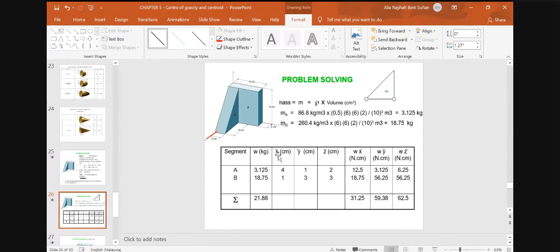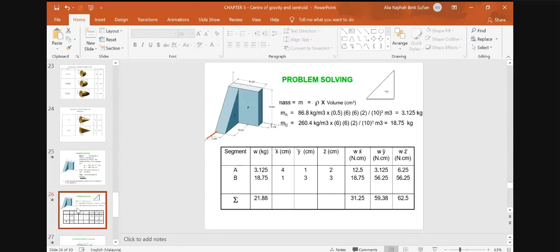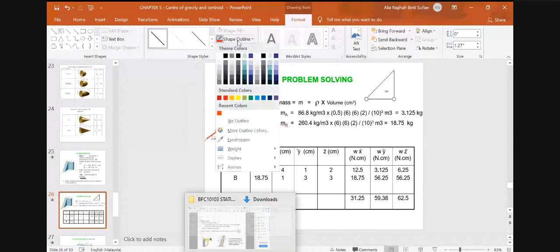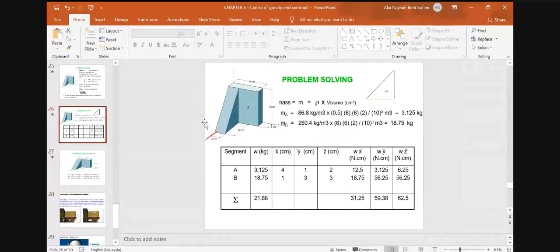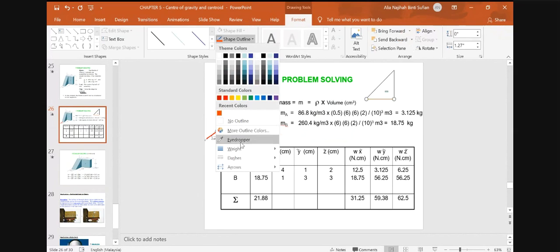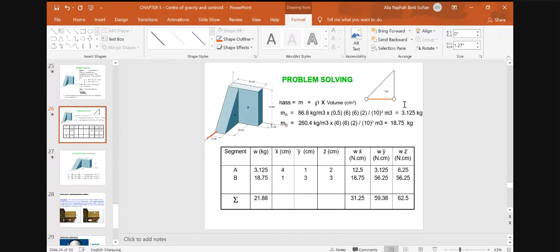Part A, the x bar. The length of x is 6 centimeter. The red one is x. So we take 1/3 of 6.